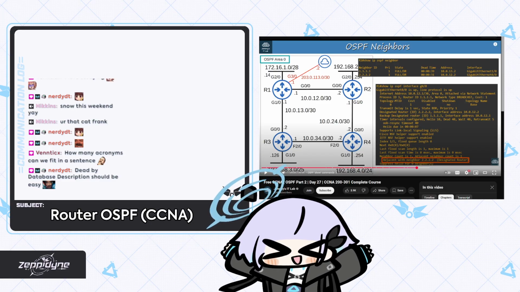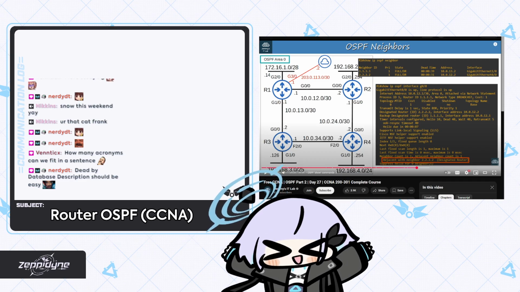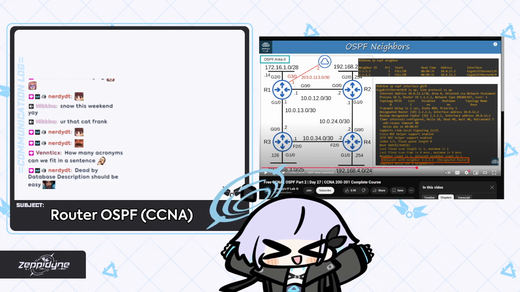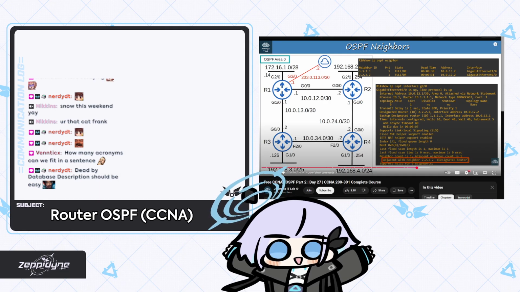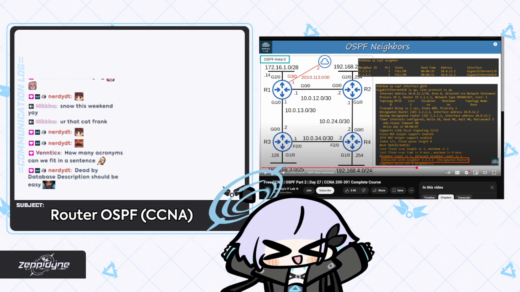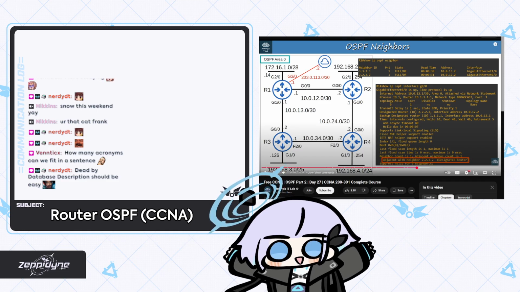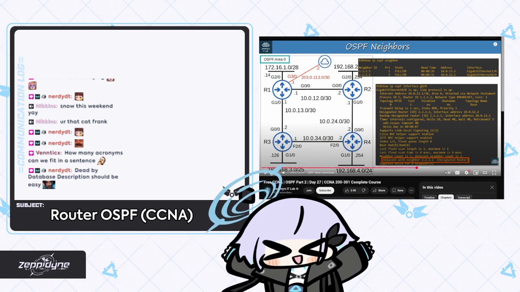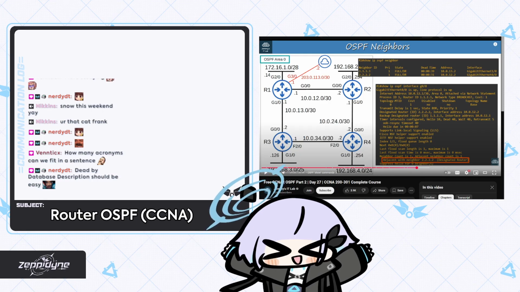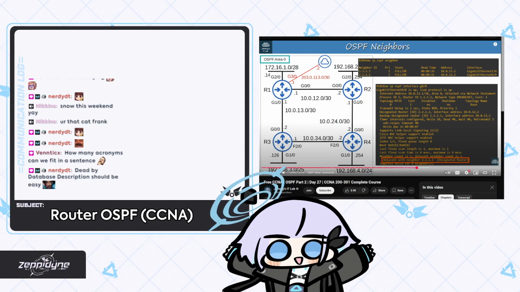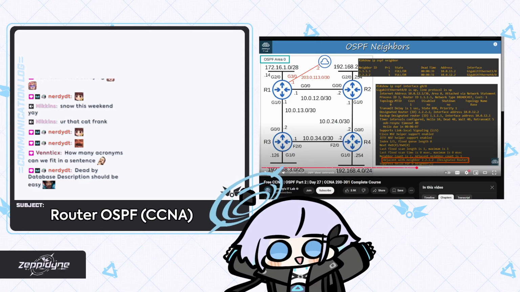I'm just going to throw a blind guess here. Adjacent neighbors are the ones directly connected to the interface of the router. And maybe neighbor count includes the ones that aren't connected, but they have the LSDB of them, or the LSA.